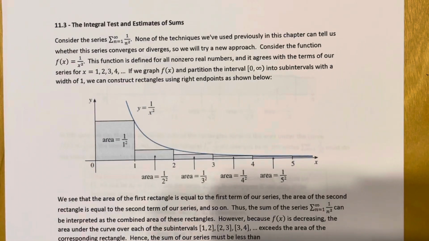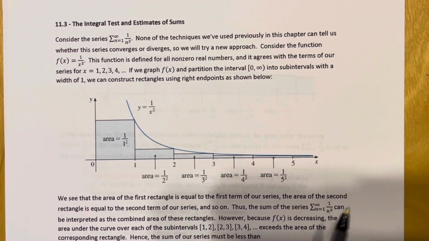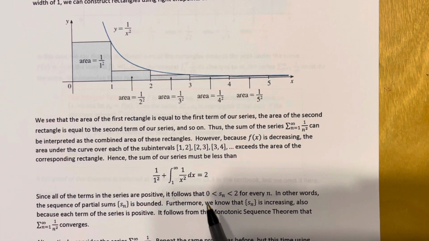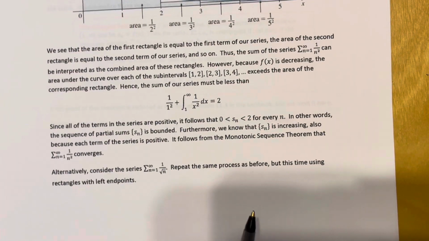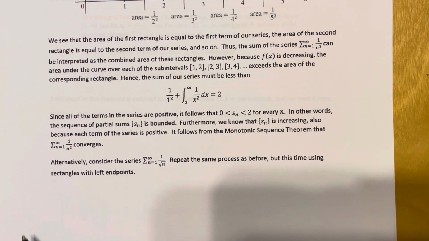In addition to that, the sequence is decreasing. Every new term is smaller than the one that came before it. So it's a bounded monotonic sequence because it's decreasing, and by the monotonic sequence theorem, that is going to be a guarantee that this series converges. We talked about that back in 11.1. So that's the more precise way of guaranteeing that we have a convergent series here.